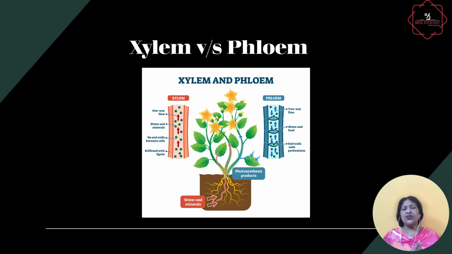Coming to phloem, most of the phloem is made of living cells. That also is a perfect point without any mistakes. But you cannot write all phloem cells are living. That will be a wrong point because we have the phloem fibers which are not living.